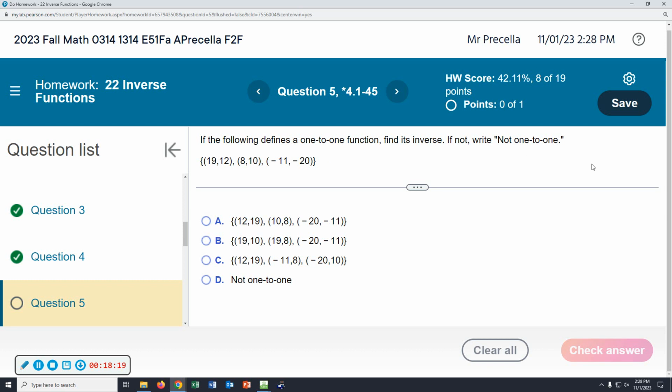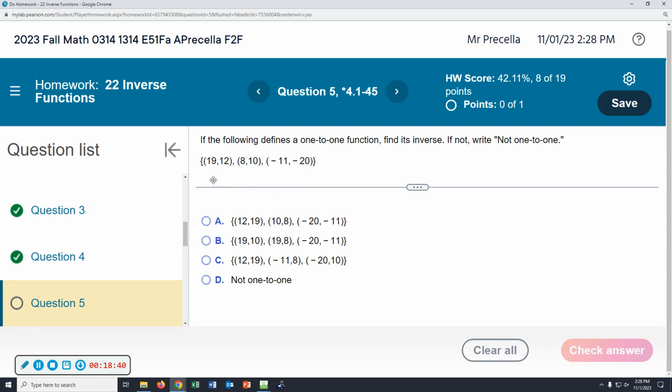If not, write not one-to-one. Before we do anything, we need to decide, is this original function one-to-one? You look at the y coordinates. Are there any repeated y values in that original function? No. So it is one-to-one. In that event, they want us to find the inverse.